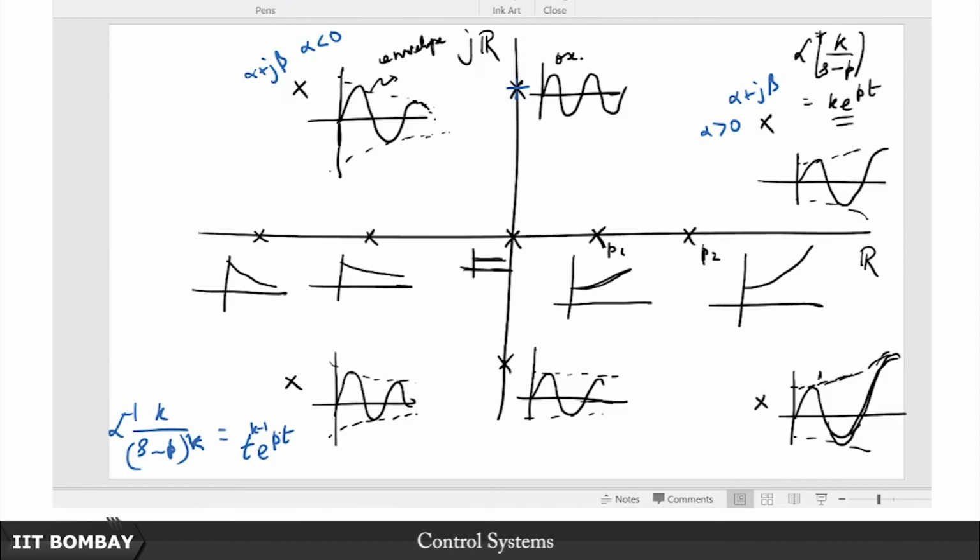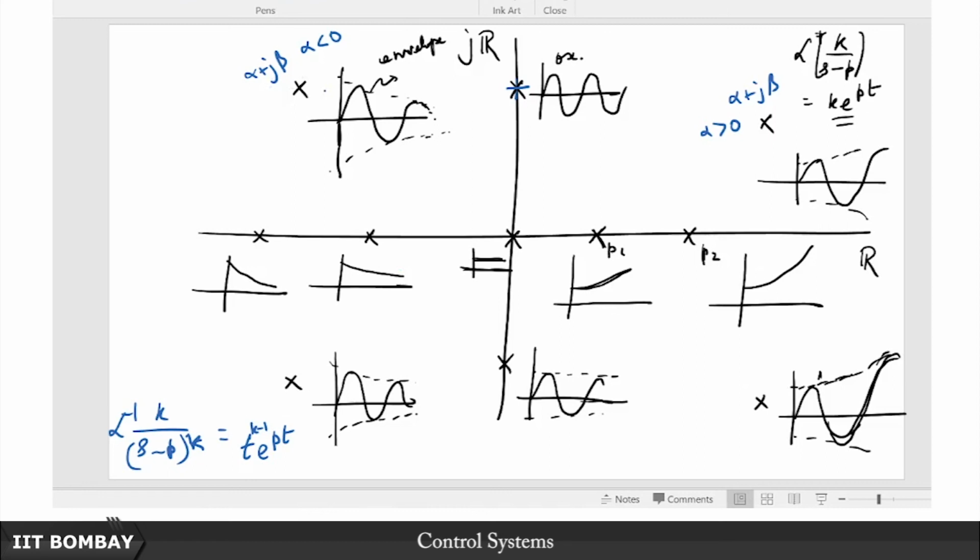So it is basically the behavior of the exponential that will determine whether the overall response is going to decay or blow up as time t goes to infinity, and that is going to govern the stability. If it decays, then it is definitely going to be stable. If it blows up, it is going to be unstable. So I do not mind if I have repeated poles on the open left half or on the open right half.